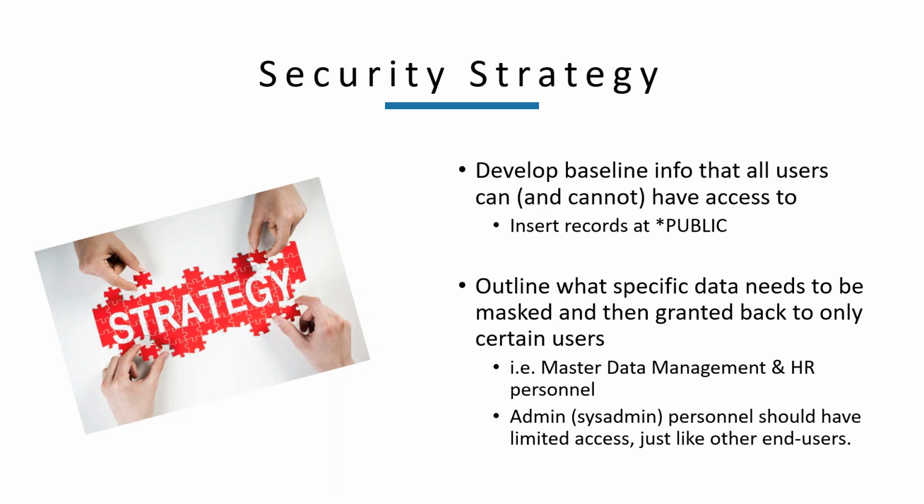Piggybacking off of that, Star Public affects everyone in the system, so they're locked down from those tax IDs and all those pertinent data points I mentioned. Then you have to go back and say, okay, who in the system needs access, because somebody has to manage and edit it, and how are we going to grant that access to them?